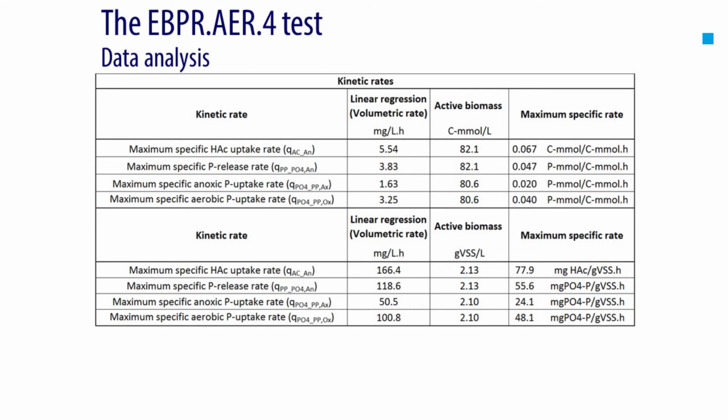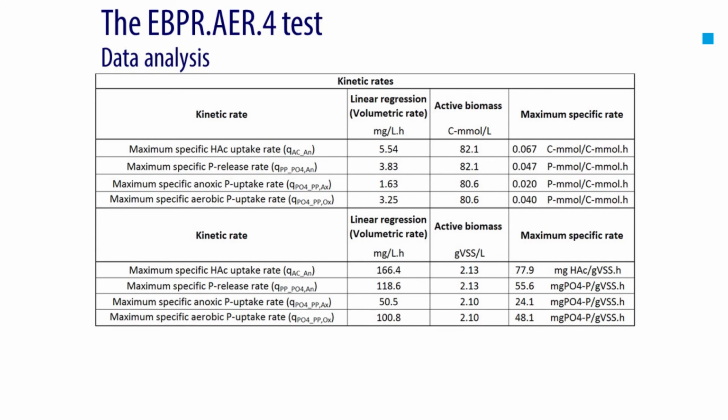Similar to the anaerobic stoichiometric ratios, the kinetic rates can also be compared to those previously reported in literature, like those presented in the textbook. For the anaerobic kinetic rates, the values presented in Table 2.2.4 can be used for comparison purposes.